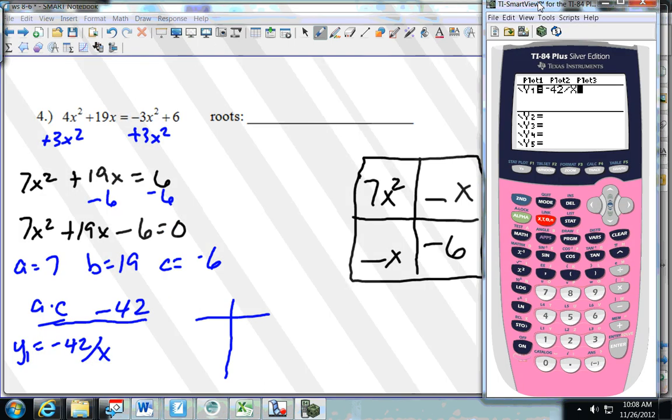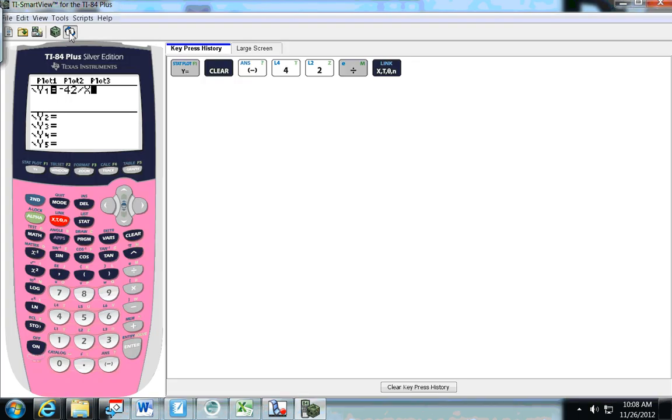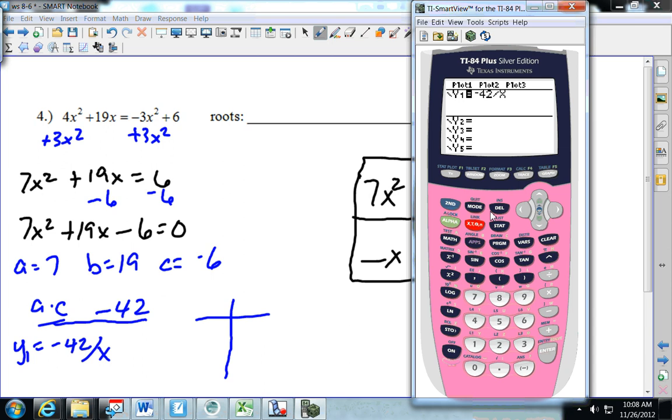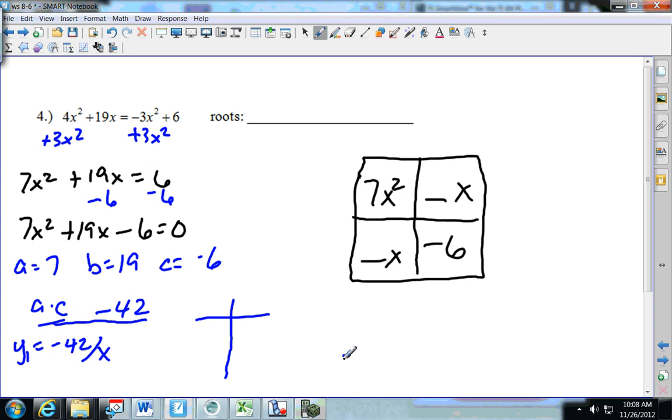I need it to equal 19. Negative 2 and positive 21. If you add those two together, it gives you positive 19. So I have negative 2 and positive 21.